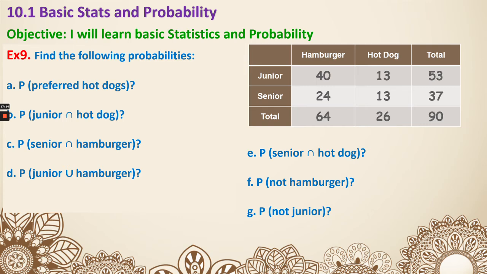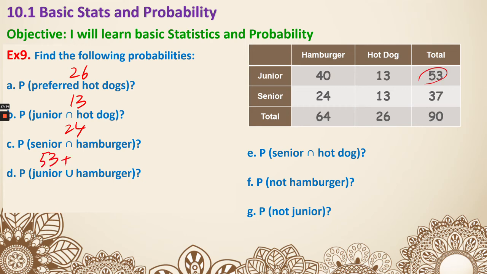Example 9. Preferred hot dogs. These are the numbers we have dealt with already. So preferred hot dog is 26. Junior and hot dog, junior hot dog, that's 13. Senior and hamburger, that's 24. Junior and hamburger, if you remember, that was the junior, so 53.